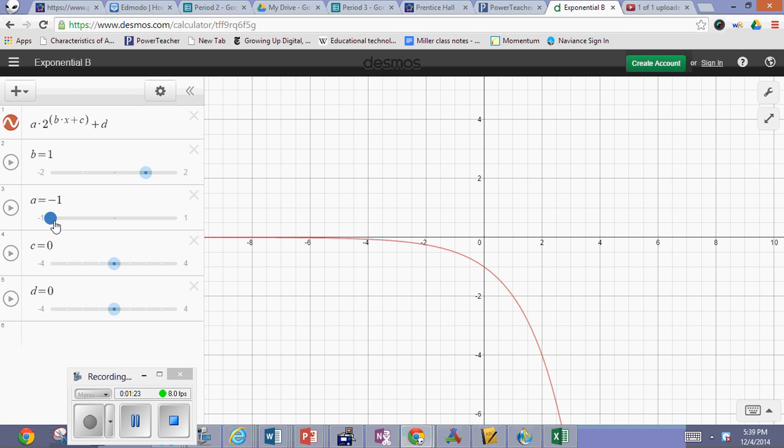That is -2 to the x. It's not that the base is negative, but it's being multiplied by a value of -1. So we're taking the opposite of the function, which is flipping it across the x-axis, okay? 2 to the x, the opposite of 2 to the x. So the characteristics are changed drastically, in that for 2 to the x, our range is all positive, and we're going through 1 on the y-axis.